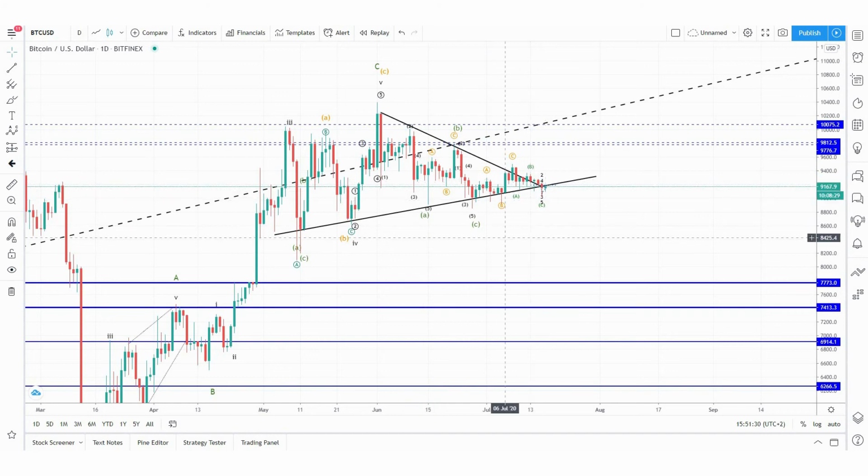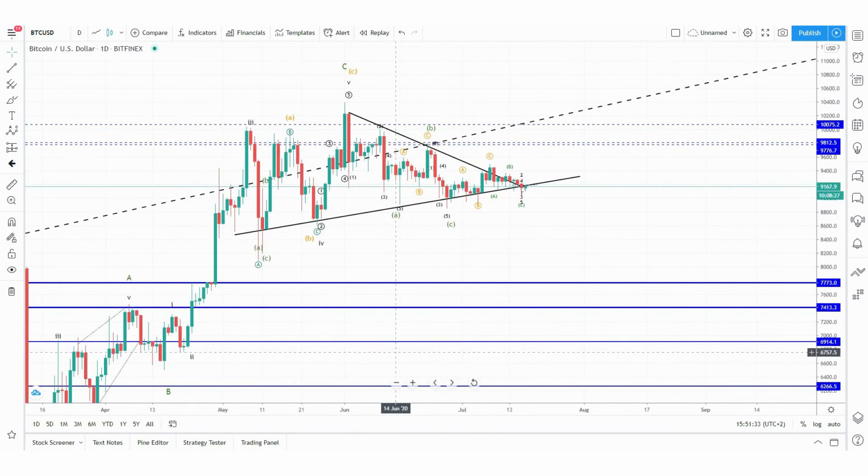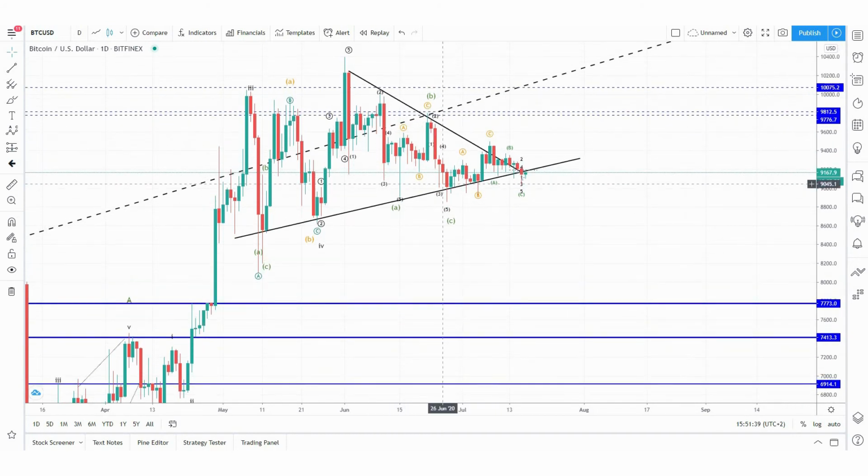But this is still to be validated, because this isn't a five-wave impulse. We have explained why. And this isn't a five-wave impulse. We have also explained why, because the price moved below this point here. So this whole structure is still a corrective range.